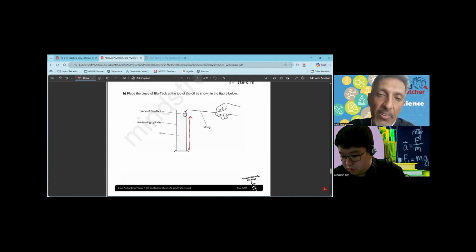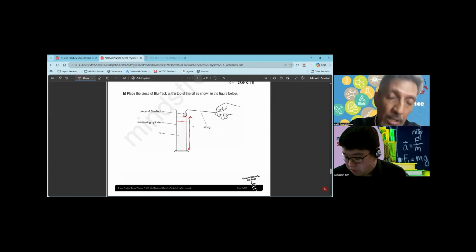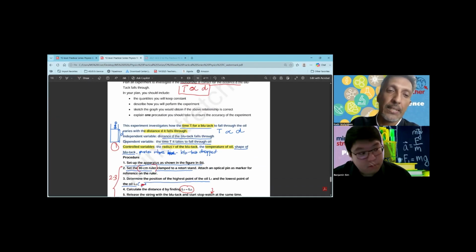We are not varying the starting position, which is always the surface. So you need to take out the oil to vary the distance through which it falls. There's no other way. Basically you have to remove the oil to vary the D.